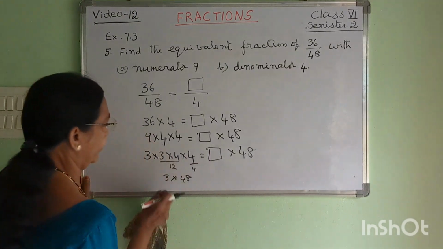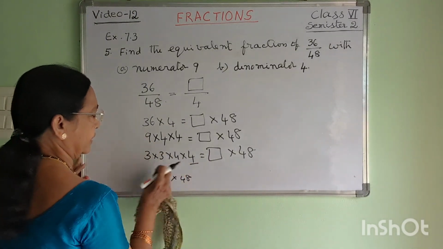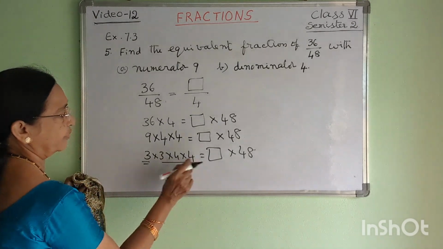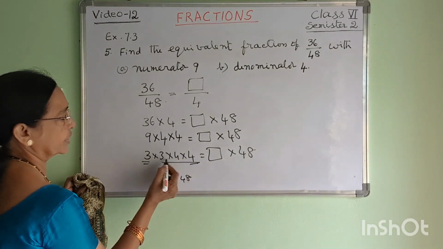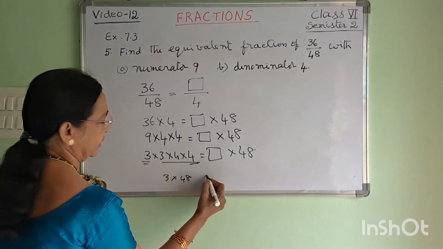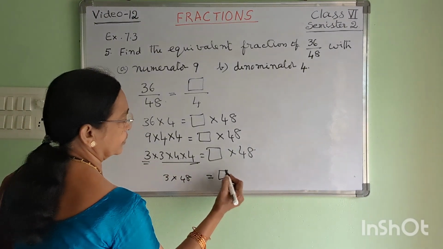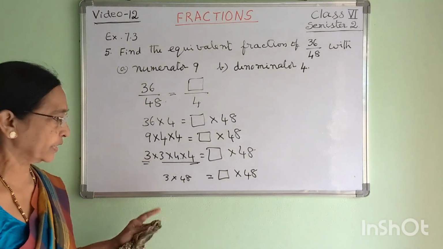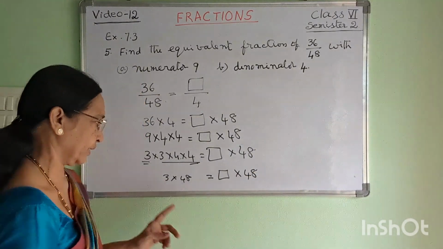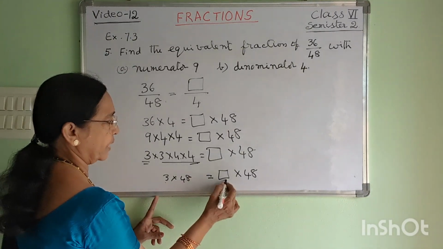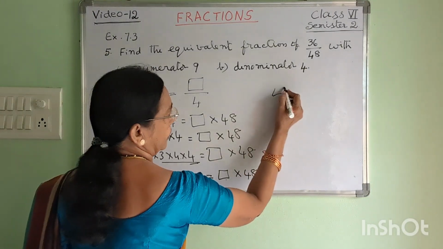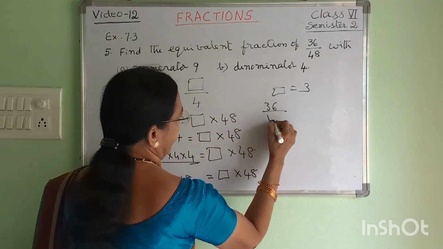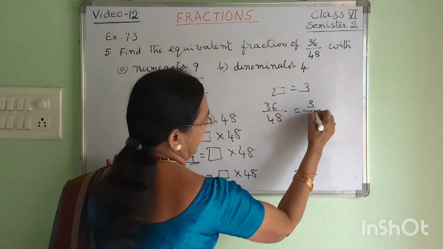Therefore 3 into 48 is equal to blank into 48. So comparing these two, we get that blank is equal to 3. Therefore 36 by 48 is equal to 3 by 4.